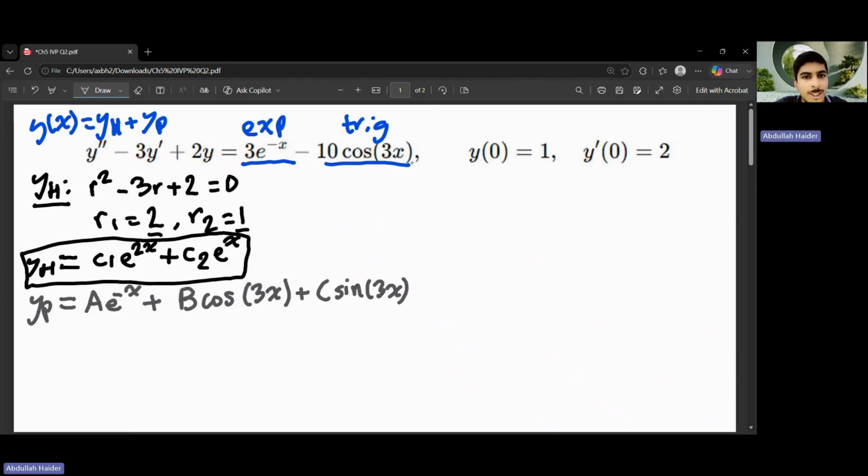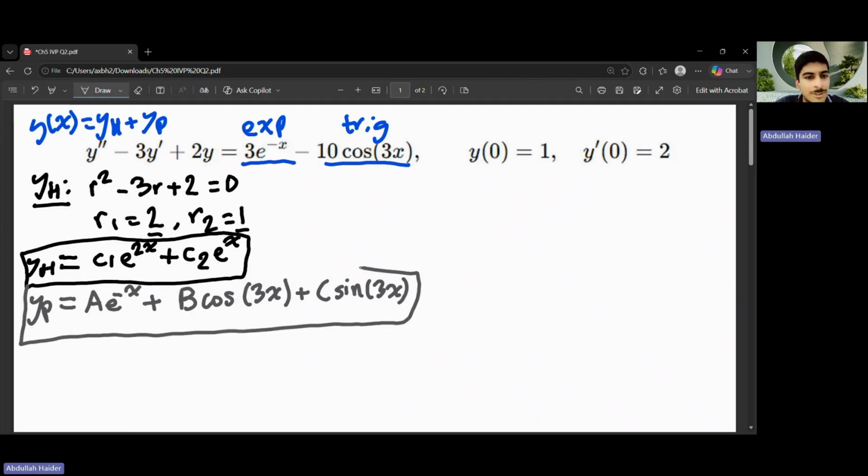Whenever you have a cosine, sine, or sine plus cosine together, always take cosine and sine as it is, and put the constants b and c. And first, better to check whether we have to multiply our yp by x or not. We have e^(2x), which is not here, so that's fine. We have e^x, which is not here, so that's fine. So this is our yp.